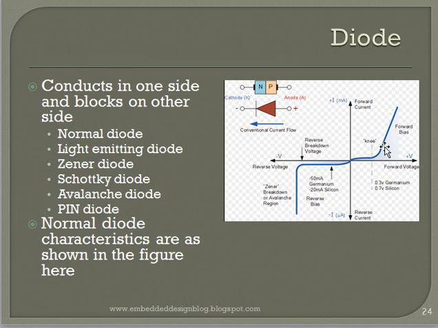How much voltage I can apply to the diode is determined by this breakdown voltage. Let us assume a diode's breakdown voltage is 0.6 volt. When I apply 0.6 volt, the diode starts conducting. If I go on increasing the voltage, the current increases exponentially. In the next slide we will see the equation which shows the exponential increase in the current, and based on that we can determine the amount of current that is passing.